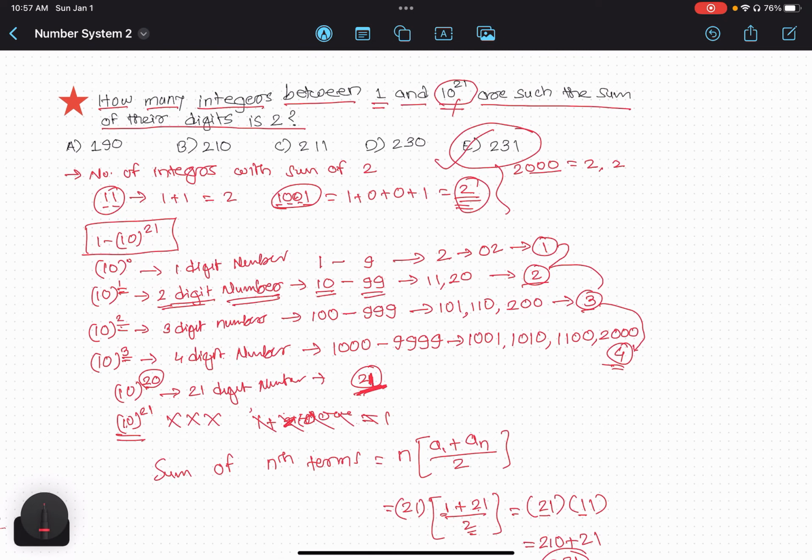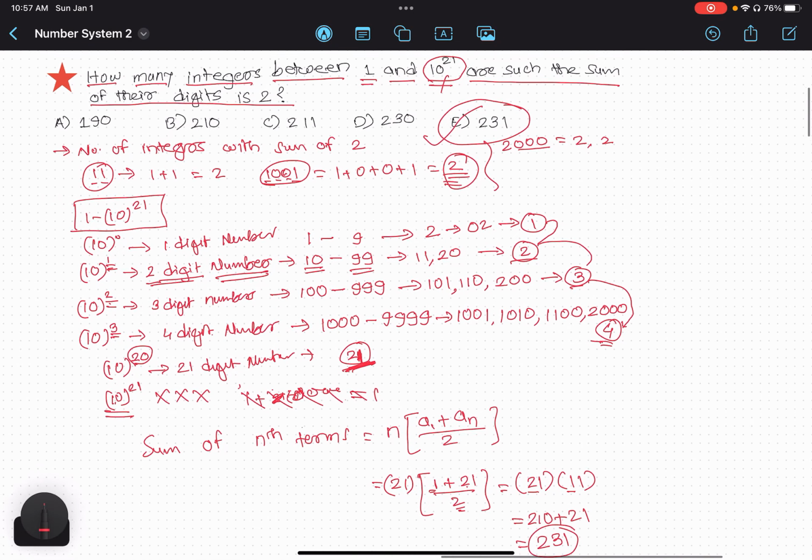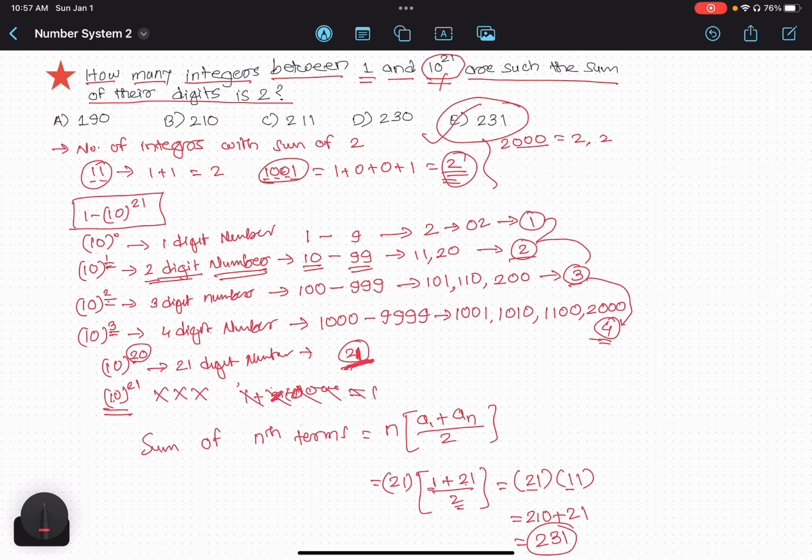I hope you understand this question. I understand it took us a long time to solve, because I performed all this calculation just to make sure you understand the process of solving this kind of question. The most important thing is to find these numbers; once we have the incrementing numbers, we can just perform the calculation with the sum of n terms.